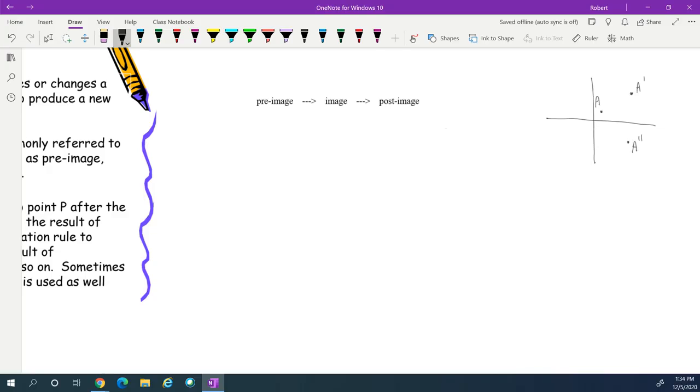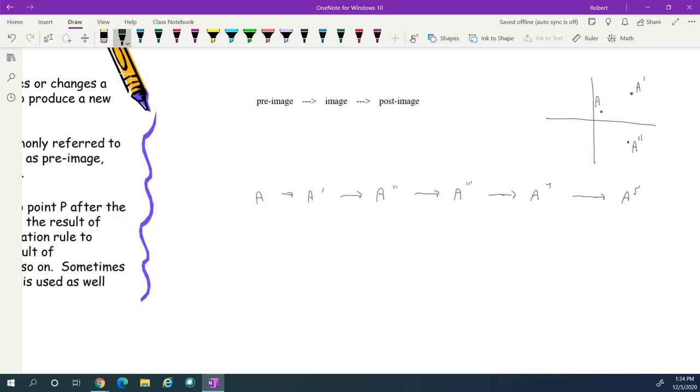So A becomes A prime, which becomes A double prime. And I can keep going. I can keep sliding this thing around my desk. Four, five. I can keep moving it around my desk.